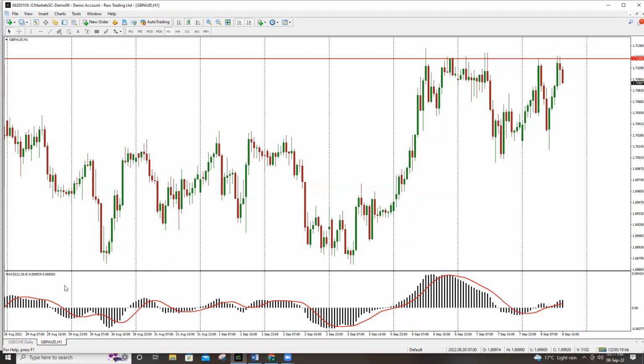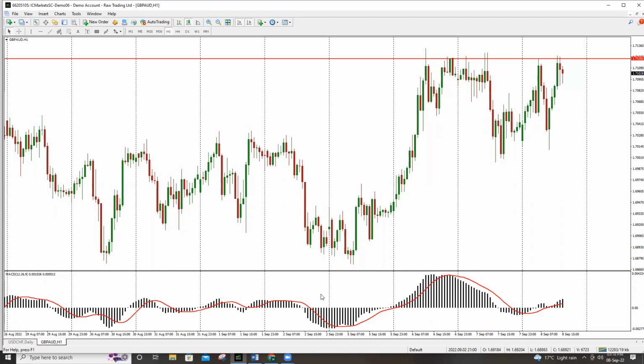You have to check how your bars are interacting with your signal line, because there are no two lines. But you can also add your own line by drag and drop of the accumulation and distribution line, or maybe you can add an RSI inside your MACD, and you can also add a moving average in there.